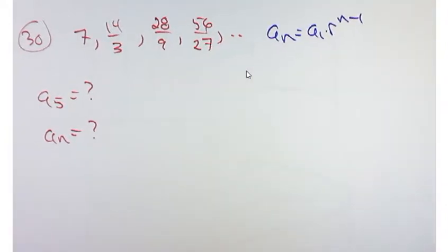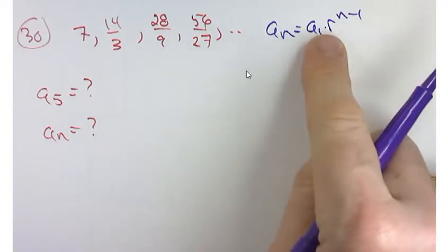Okay, so the general term is a sub 1 times r to the n-1.